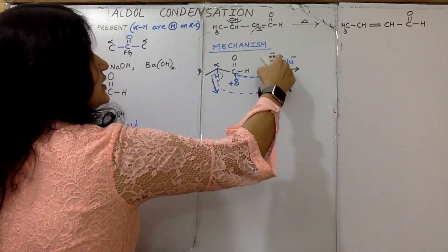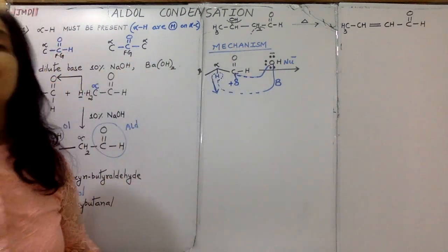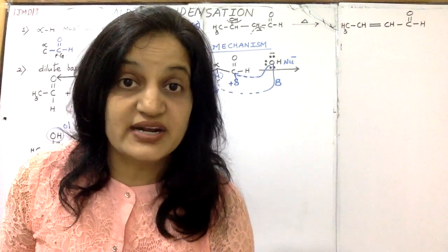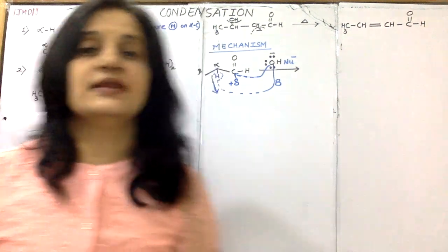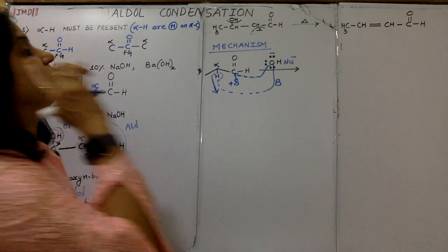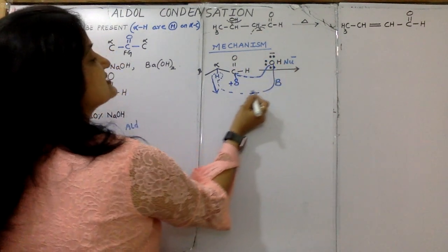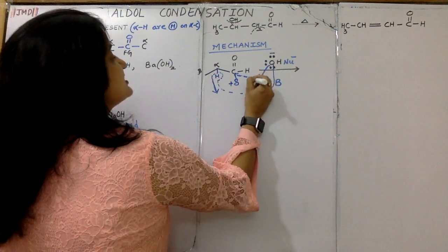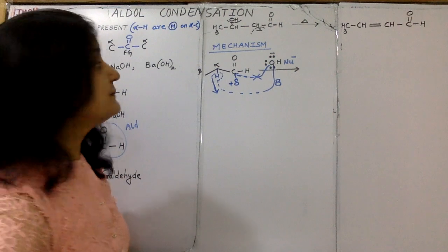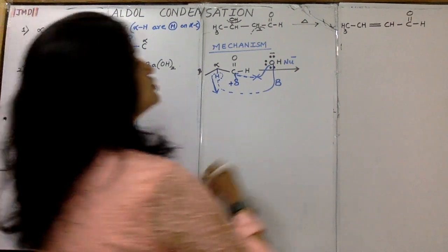The reaction where OH minus behaves as a nucleophile gives a more unstable product, and hence the reaction is not feasible in that direction. The reaction which is feasible here is when OH minus behaves as a base. So this is not feasible and this is feasible. So what happens if it abstracts a proton?